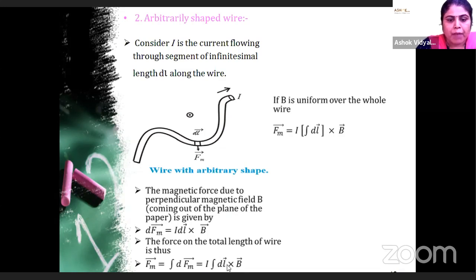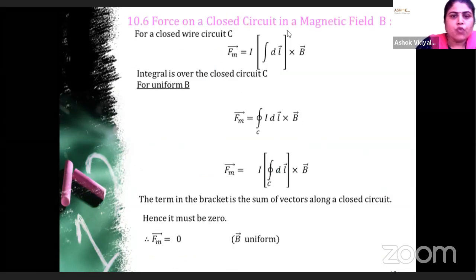If B bar is a uniform magnetic field over the whole wire, then the magnetic force acting on that arbitrary conducting wire is I integral dl bar cross B bar. Next, the force on a closed circuit in a magnetic field.